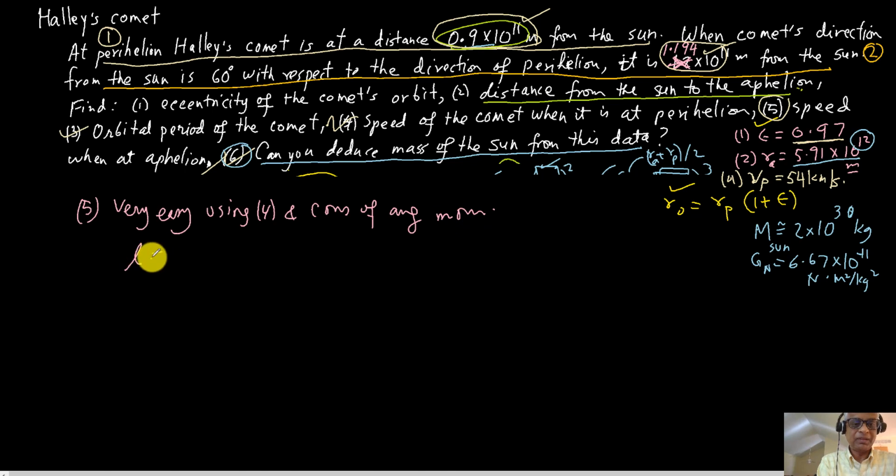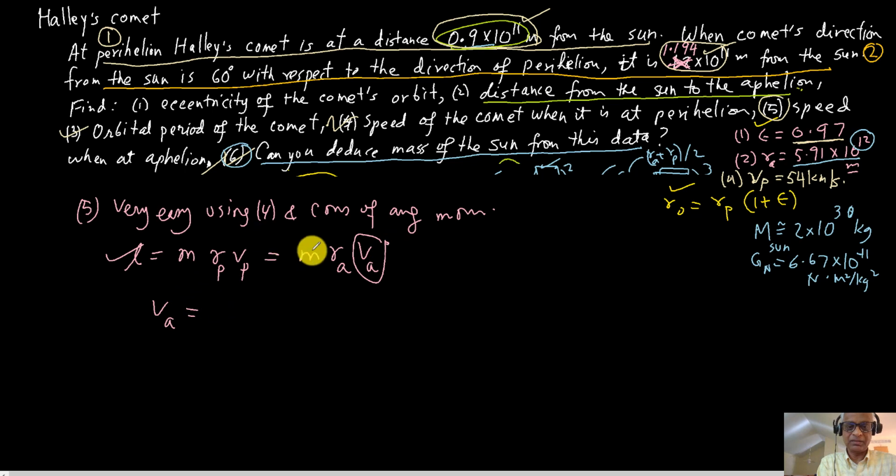So L is M times the speed at perihelion, times R_P. It will be M times the speed at aphelion, times R_A. So you can see it's the same L, but two different formulas, and we want this. So V at aphelion, the mass is just going to cancel out, is R_P over R_A times V_P.